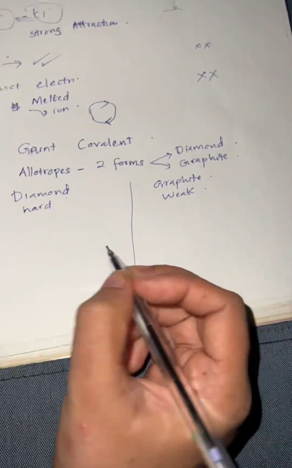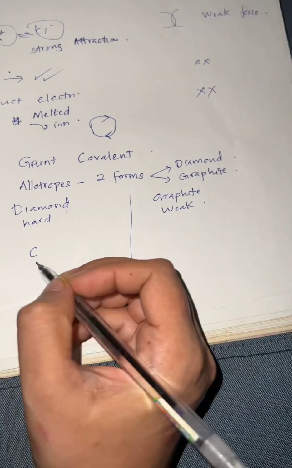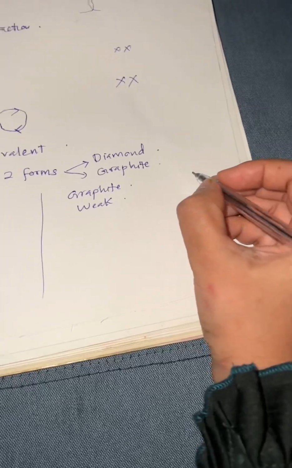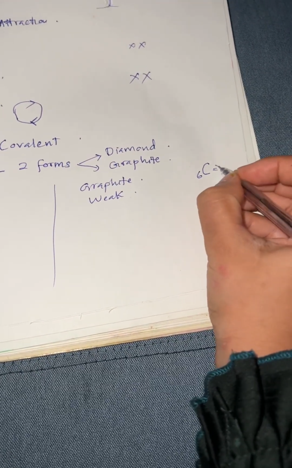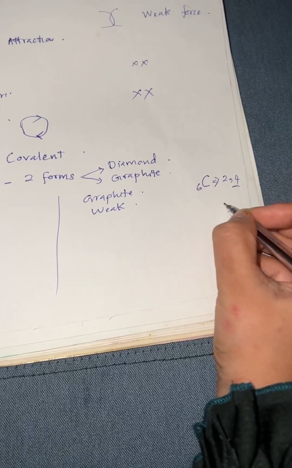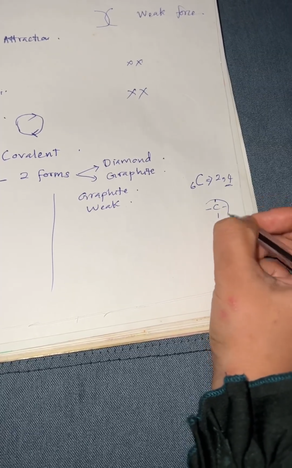If you consider the carbon atom, I already told you from the basics, the atomic number of carbon is 6, so the electron configuration is 2, 4. So there are 4 electrons in the outermost shell, so it can bond with 4 others, right?